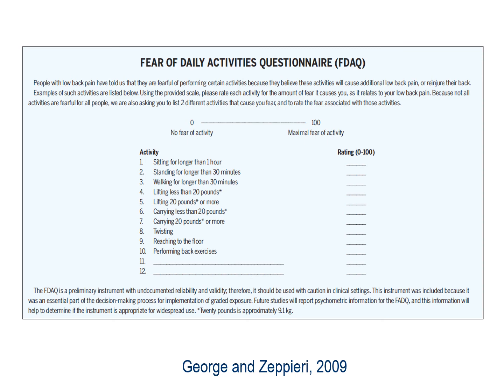So graded activity is one approach that we can use to potentially rehabilitate patients who have avoidant behavior. The other approach is graded exposure, and this is called the Fear of Daily Activities Questionnaire. In this particular questionnaire, we're going to look at activities that a patient's most fearful of. And you'd say, okay, with these concepts of avoidant behavior, we're having patients confront their activities. What is this going to do for me?